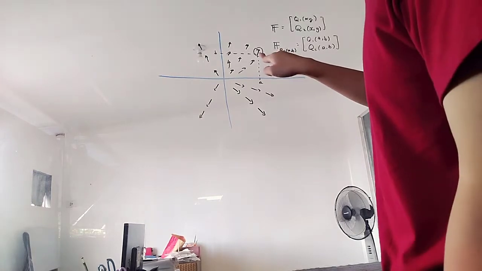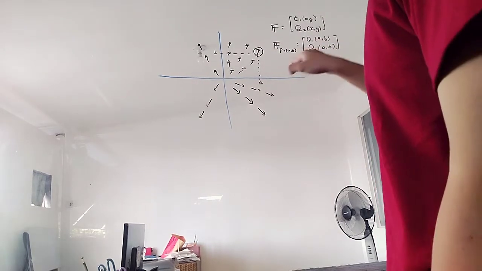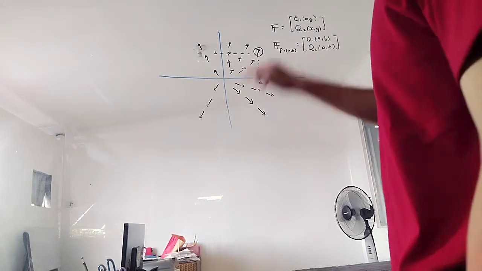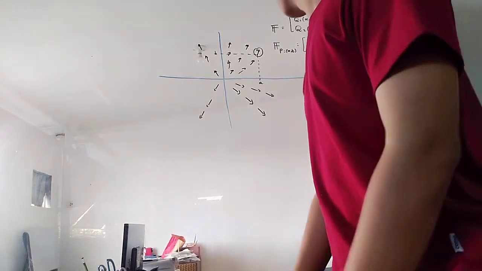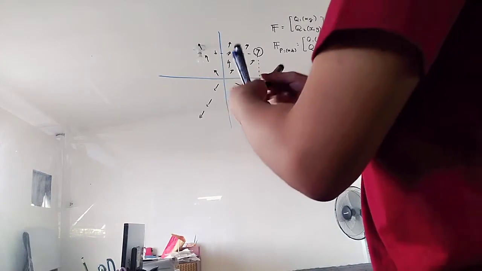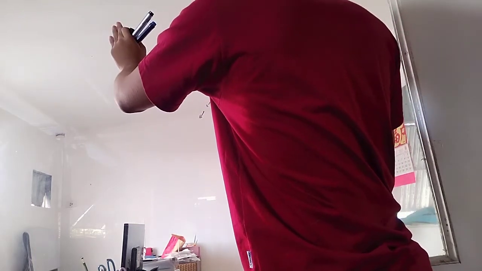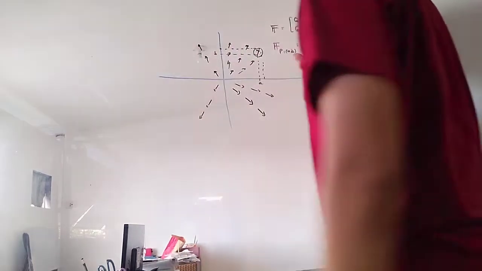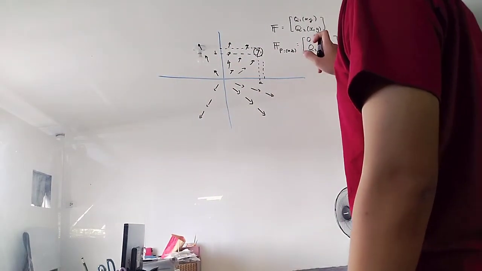So the tail sits here, and the vector we get from evaluating this function is where the head sits. So the head sits at Q1(A, B) and Q2(A, B), or rather this component times i hat and this component times j hat.